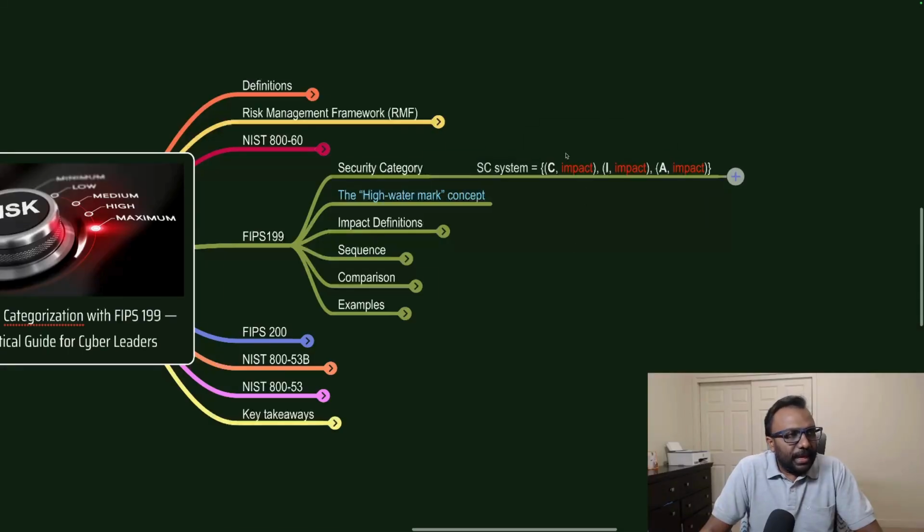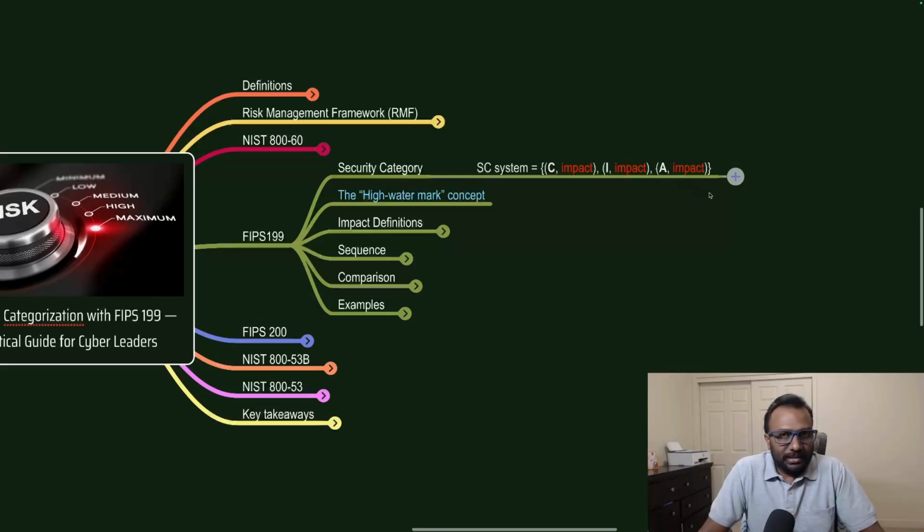If any system, for example an HRMS, a human resource management system, the data it holds is very critical because it is the personally identifiable information of an employee, right? The confidentiality is always high because its impact is always high. Integrity should be moderate; changes are permitted, but any unauthorized modification is an impact, so the impact level would probably be moderate to high.